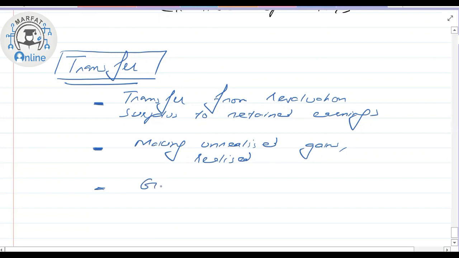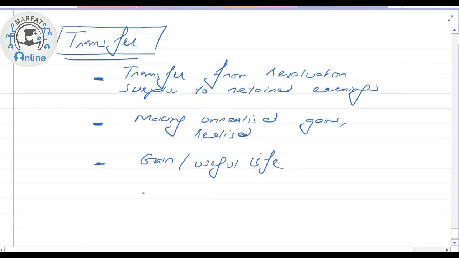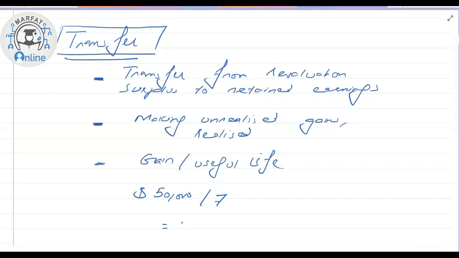We take the gain and spread it over the useful life. What is the gain in this question? The gain is 50,000. The remaining useful life is 7 years. So what we do is 50,000 divided by 7. It gives you 7142.8.